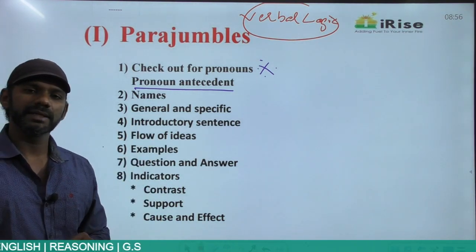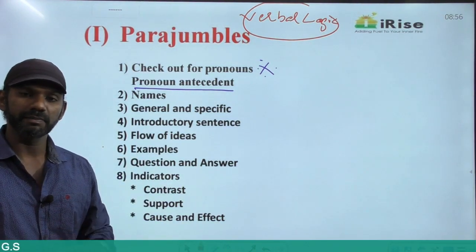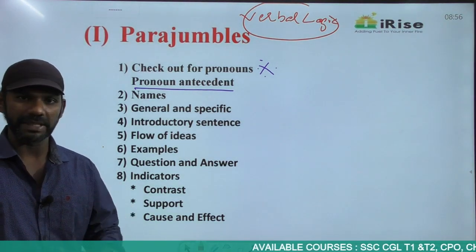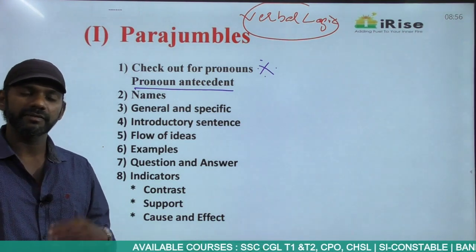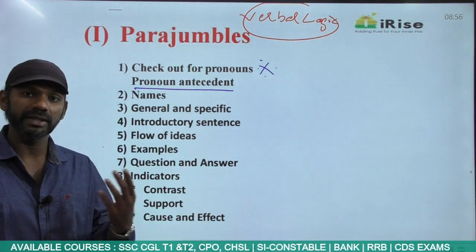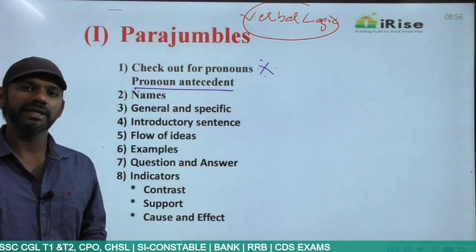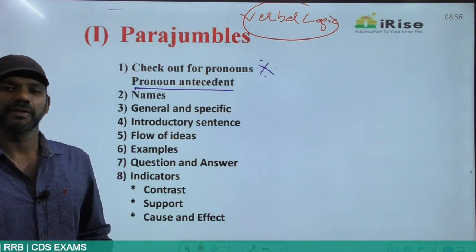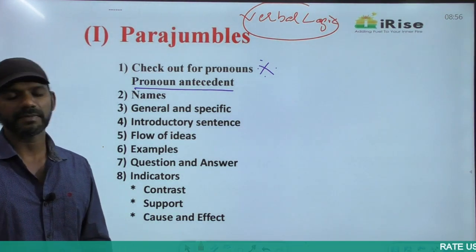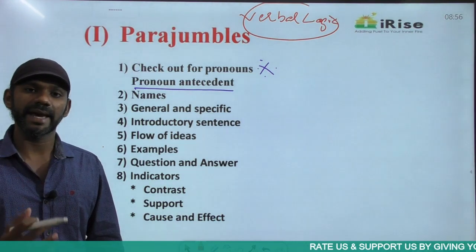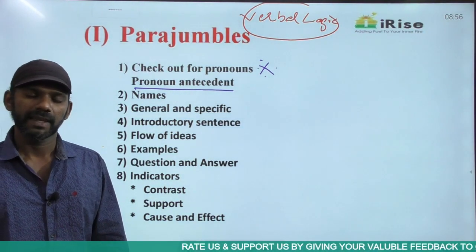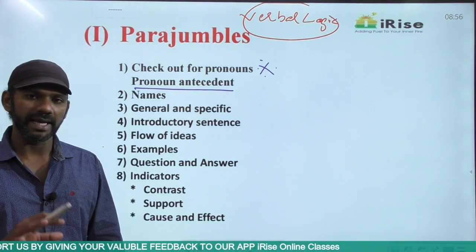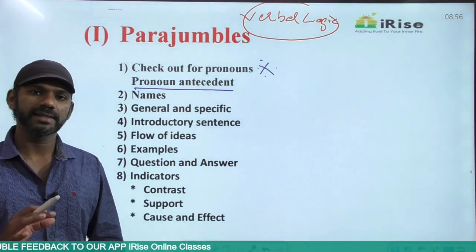Now sometimes the jumbled sentences may be taken from the middle of a paragraph. Sometimes they may be taken from the beginning of a paragraph. If the jumbled sentences are taken from the beginning of a paragraph, we can easily find the introductory sentence. But if they are taken from the middle of a paragraph, it may be difficult for us to find it. If I say four sentences, three sentences tell us about the activities of Gandhiji, and one sentence tells us who Gandhiji is.